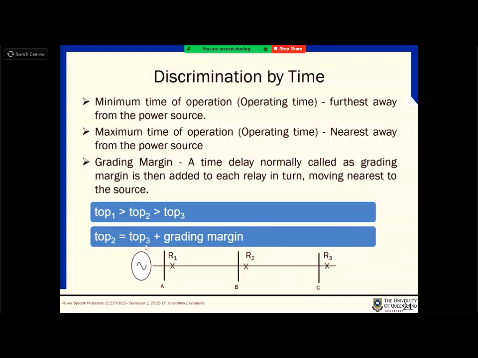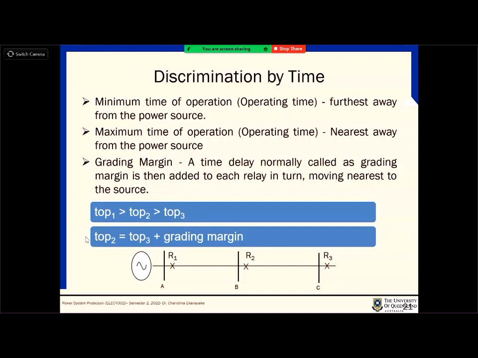Let's say there are limitations, right? You can't select whatever time you want, but the relay manufacturer provides the times that you can use.